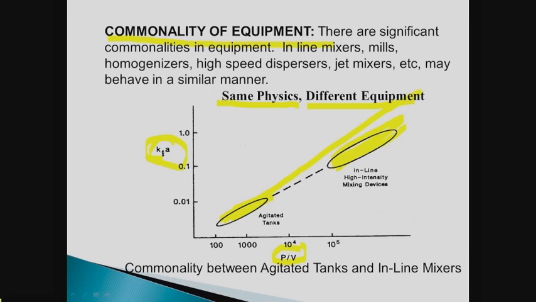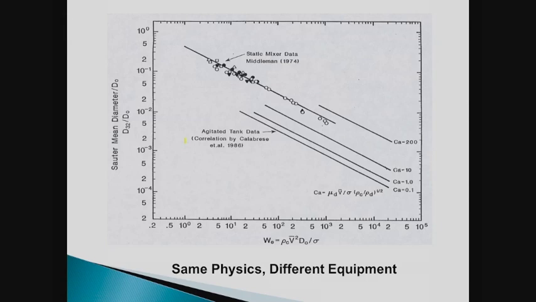Useful if you're translating from, say, an agitated tank to an inline mixer. What's important is the magnitude over here. And here we have an example of static mixer and agitated tank work.